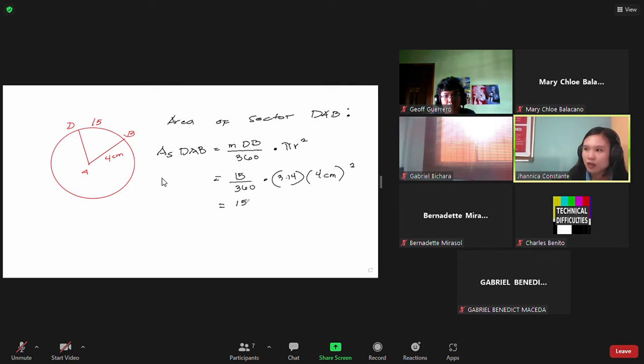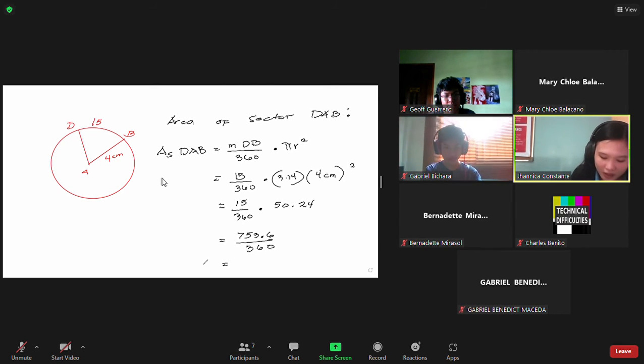So 15 over 360 times 3.14 times 4 squared is equal to 50.24. So 50.24 times 15 is equal to 753.6, divided by 360.